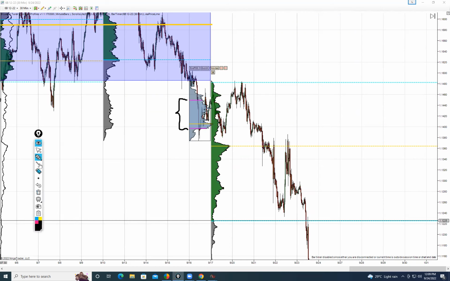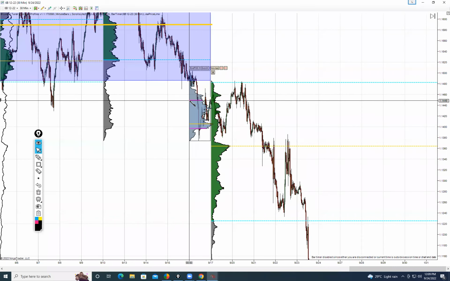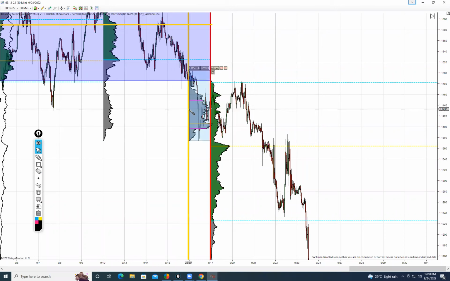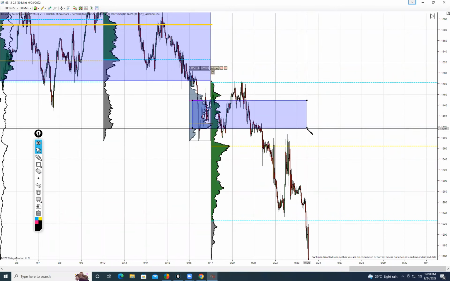So we highlighted this area of value, and we were waiting to see how this opening week would interact with this area. Let's highlight the rectangle there. So this was new price discovery, or an area of new value. We don't need this anymore.